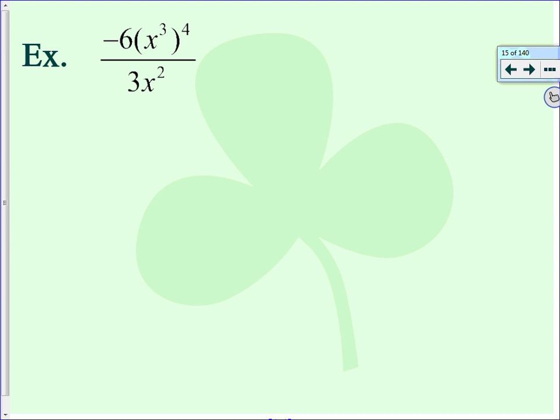Okay, so Twinkle, what would you do first with this one? Okay, so what do we get when we do that part of it? X to the 12, so we get negative 6x to the 12 over 3x squared. Okay, and then what? So here you have either being divided.